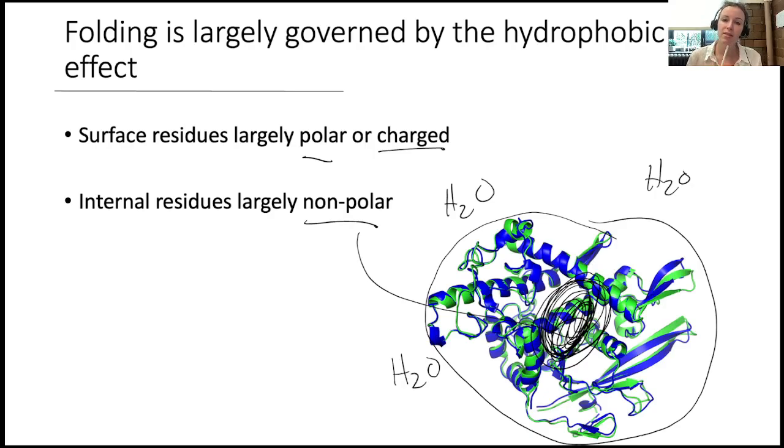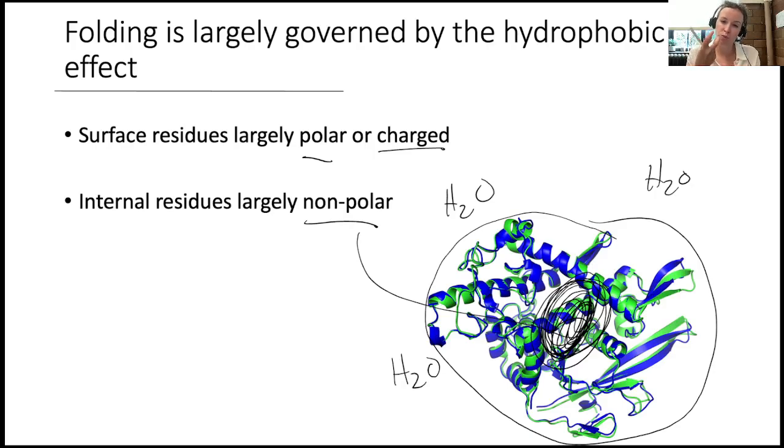Why does it make sense that they should be non-polar on the inside? Well, as this folding is occurring, all the nonpolar bits go to the center and minimize their interactions with water. This follows the hydrophobic effect because then we would expect the entropy of water to be increased as much as possible, since we no longer have unfavorable interactions between nonpolar R groups and the polar water.